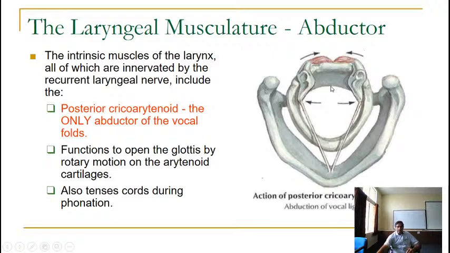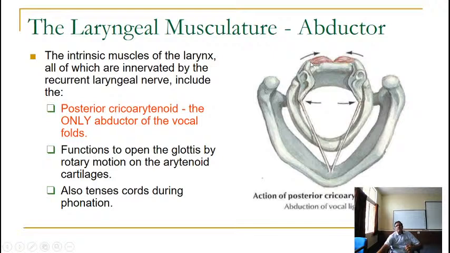As you know, this is the thyroid cartilage, and this is the cricoid cartilage, like a signet ring, and above the lamina of the cricoid, posteriorly, you have the arytenoid, which is sitting on the superior surface of the lamina of the cricoid.